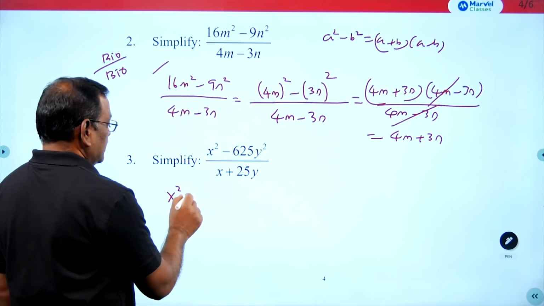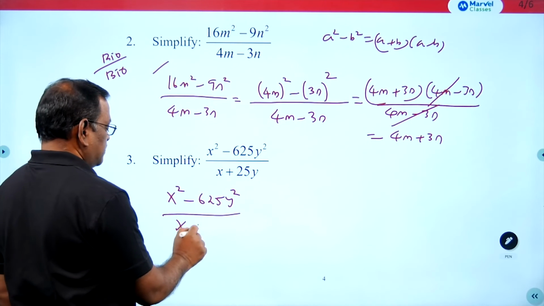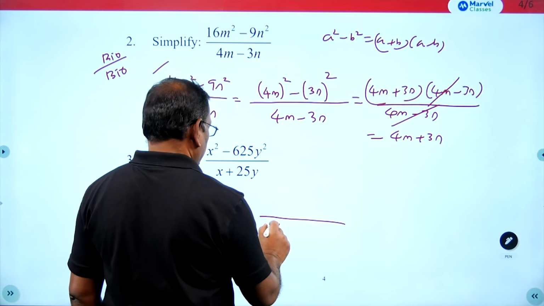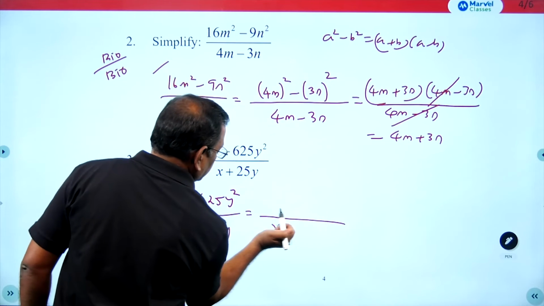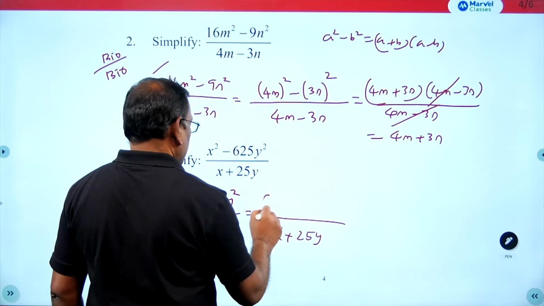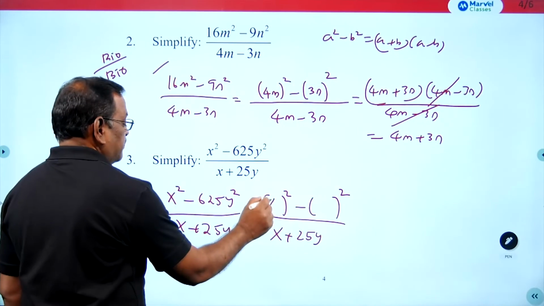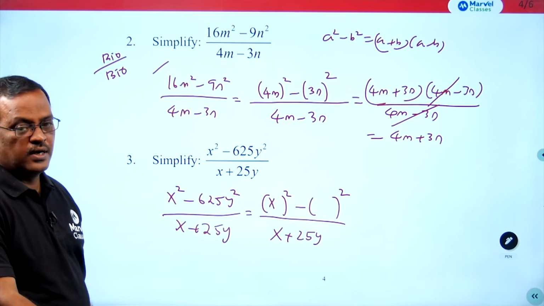x square minus 625y square by x plus 25y. Again the denominator is degree 1, x plus 25y. The numerator is a square minus b square. What is a? A is x, and b is the square root of 625y square. 625 is a square number, square of what? 25.